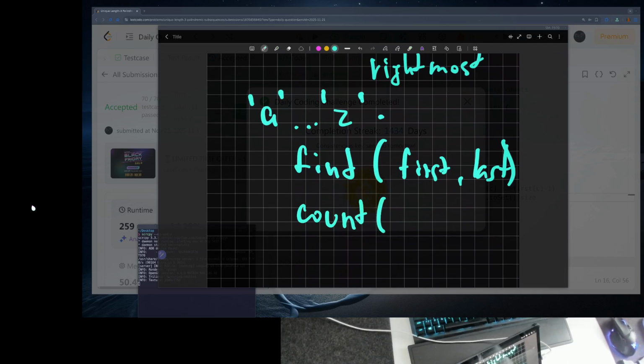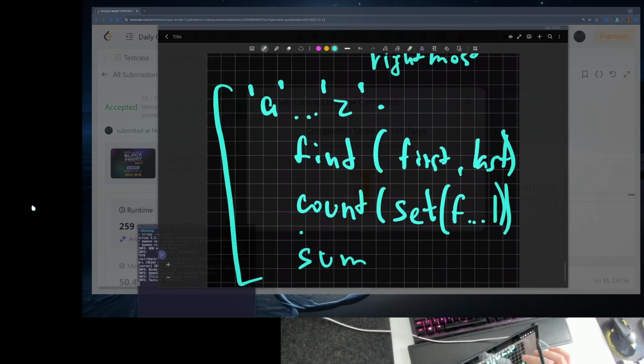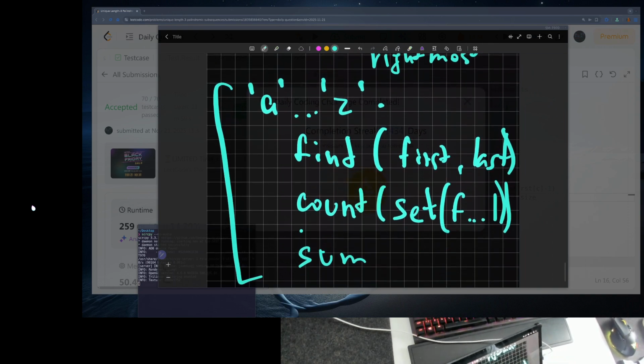For counting unique, you can use a hash set. So it would be like this: set from first to the last. And this is the sum for all of them. So this is the entire solution, and in a language like Python, it can look exactly like this. And basically this is the algorithm.